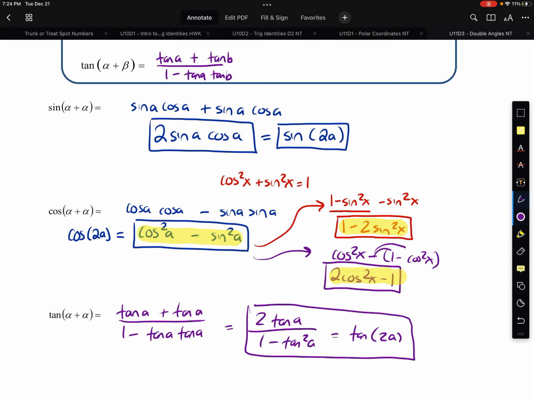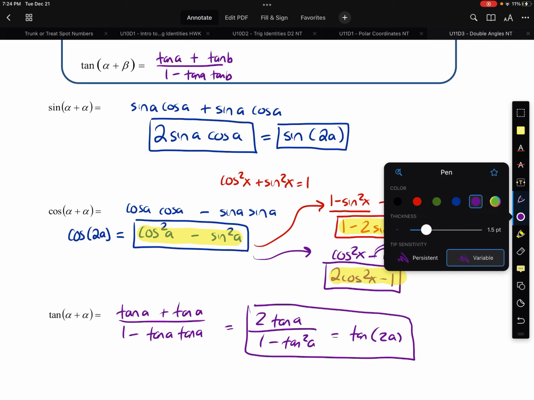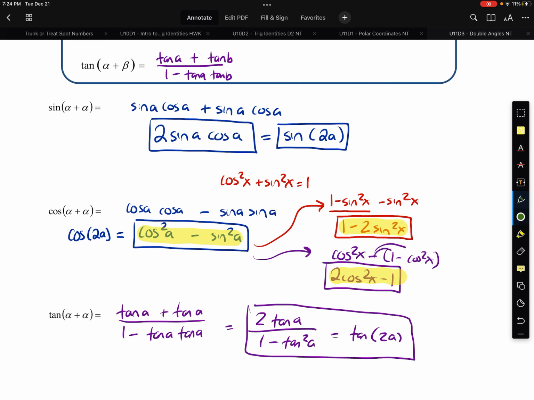So these are our formulas, and to be honest, these are not the most used formulas. If we're looking at the unit circle, 30 plus 30 is 60, and that's on the unit circle. 45 plus 45 is 90, that's on the unit circle. 60 plus 60 is 120, that's on the unit circle. So most of the stuff that we would double is something that we wouldn't need this formula for anyway.